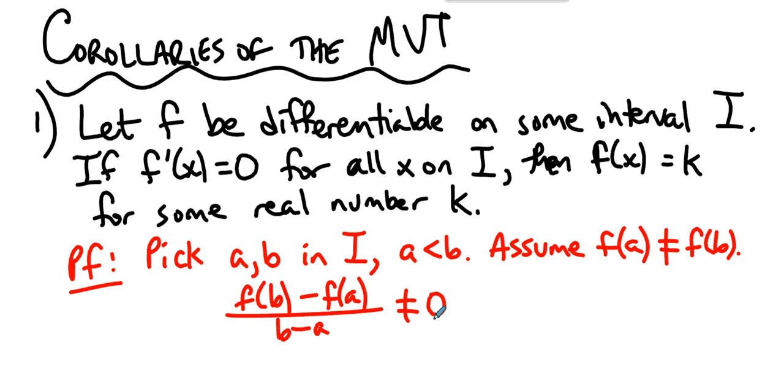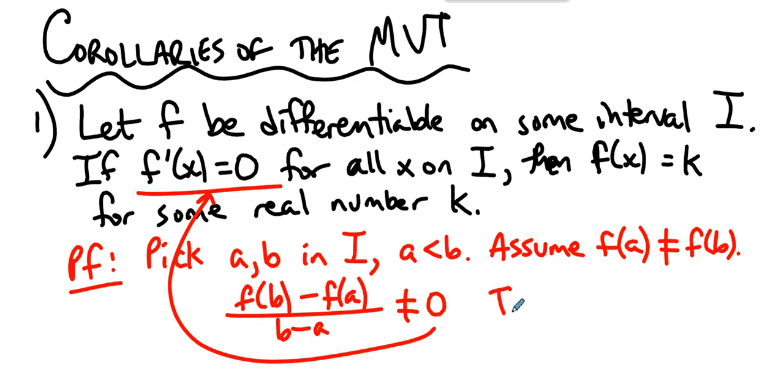But that's a problem because f prime is 0 everywhere on the interval. So if f prime is 0 everywhere on the interval, it's 0 everywhere between a and b. This is a contradiction. In other words, this can't happen.